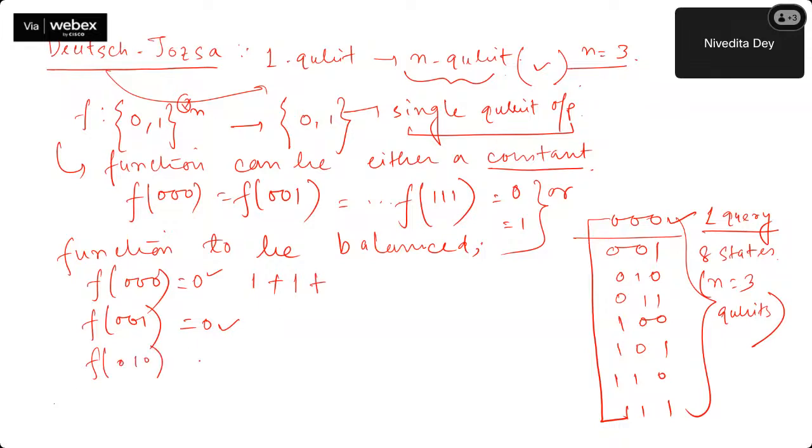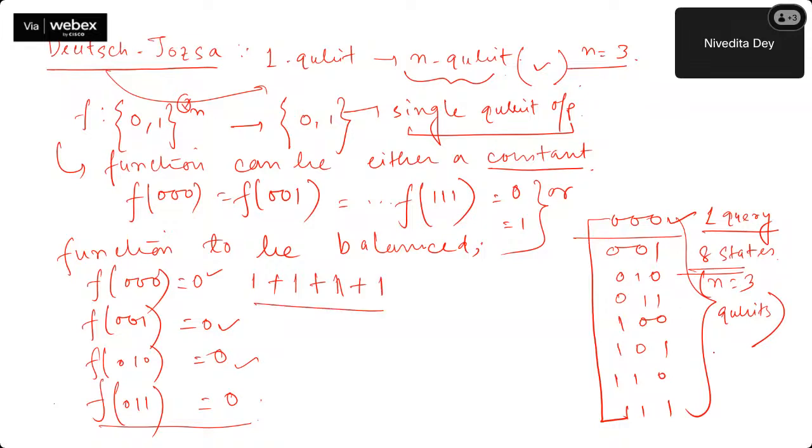Say f(010) is also 0. Till now, I cannot tell, because I have 8 such inputs that I have to explore. So f(010) is again 0, one more query done. And f(011) is, say, 0. This is also done, one more query.